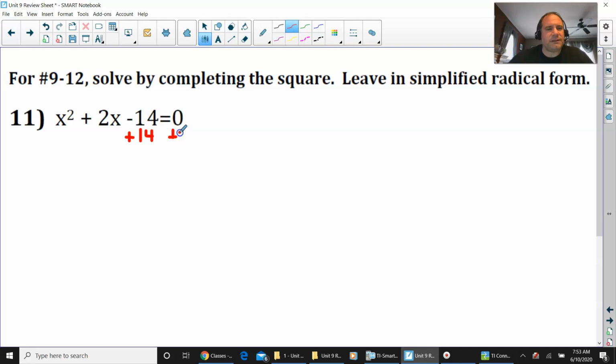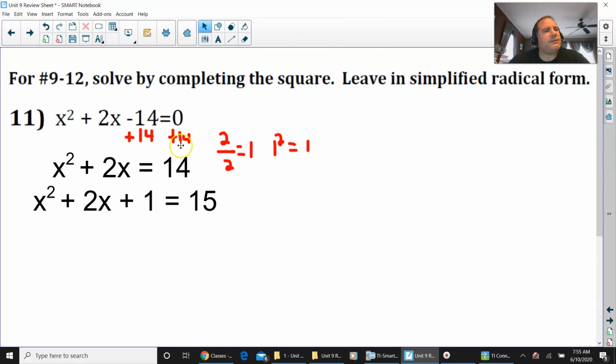You're adding 14 on both sides. Go ahead, rewrite it, then take B, divide that B by 2, and you'll get your answer, and then square it. Press pause, try this on your own now.